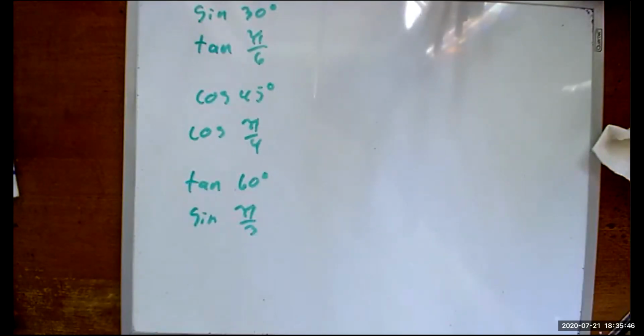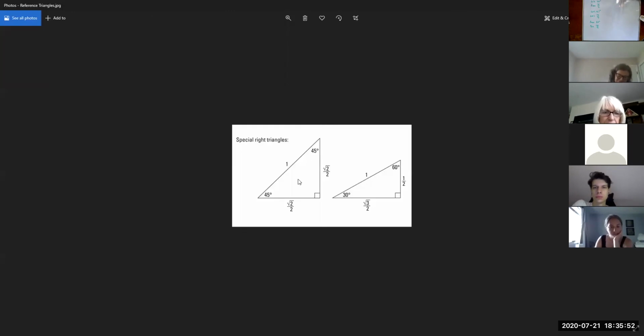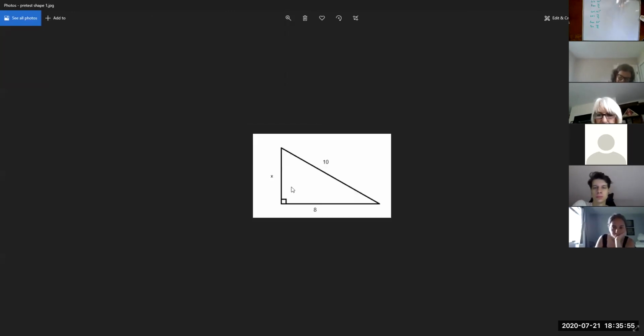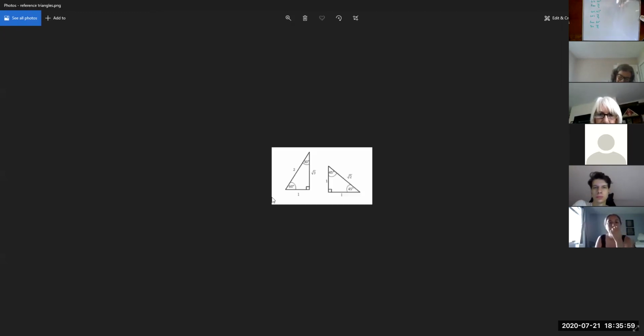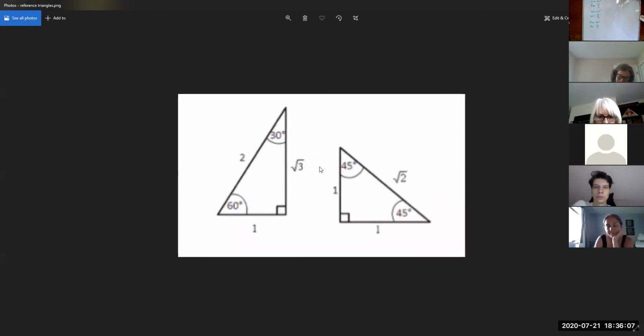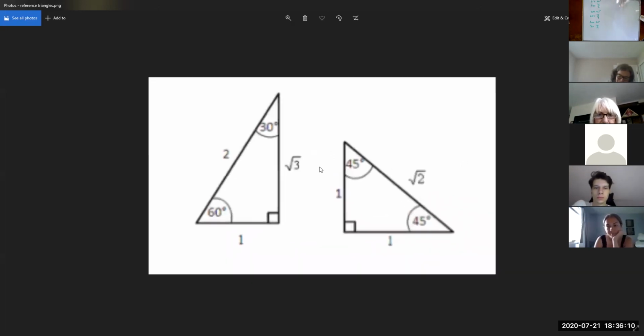What's going on here? I'm sharing the wrong thing here. Come on, computer. Really quickly, let's go back and look at those special triangles. Oops. Where'd they go? There they go. Okay. I'm trying to make these bigger, and it's not being cooperative.